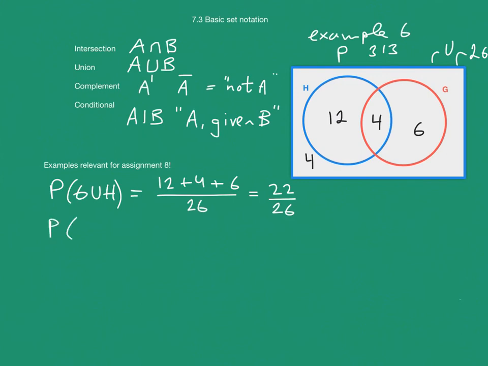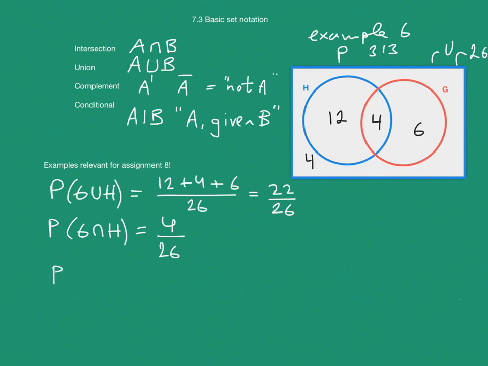The probability of the intersection of G and H, that's only this area here, remember, is 4 out of 26.